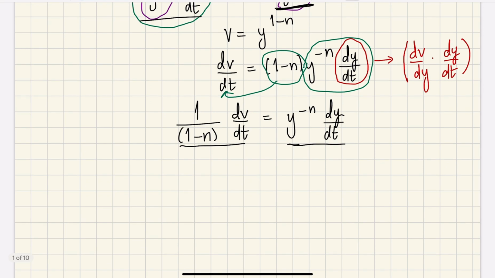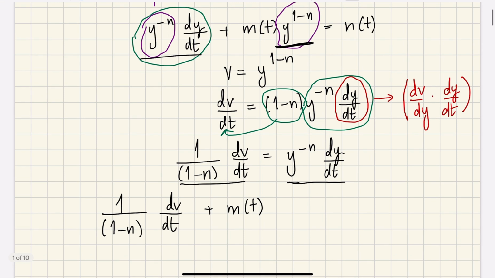Then we will get 1 over 1 minus n dv over dt plus m of t. Now we define y to the power 1 minus n as v, which we have here.